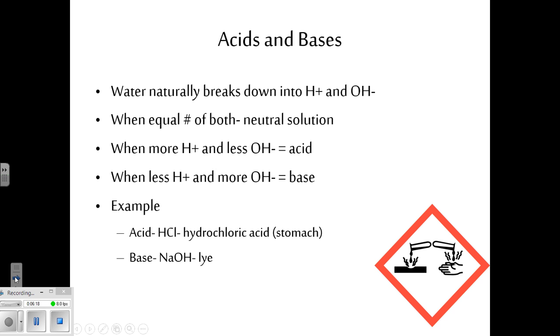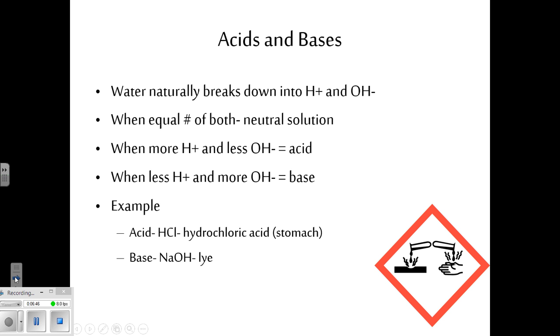Okay, water is going to naturally break down into a hydroxide, which is an oxygen and hydrogen, and a hydrogen atom. And so in water, it's got an equal amount of both of those, right? So it's a neutral solution, which is at a pH of 7. There are substances that have more of the hydrogen and less of the hydroxide, which makes it an acid.